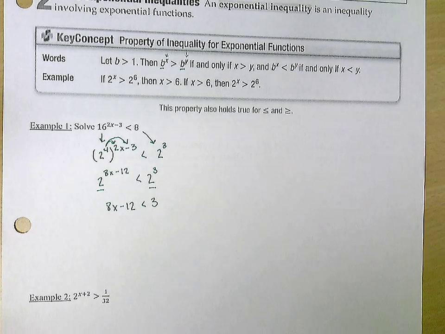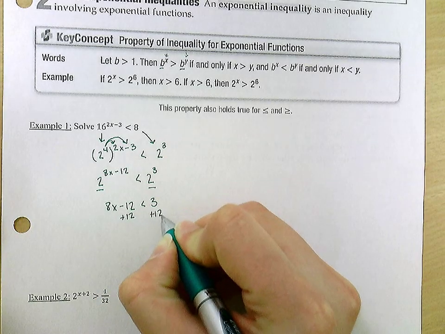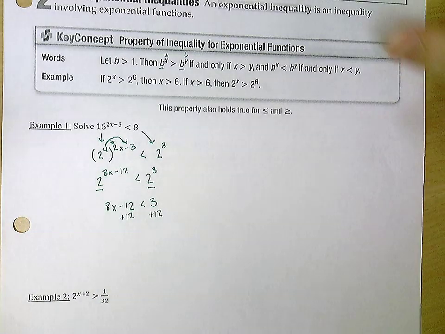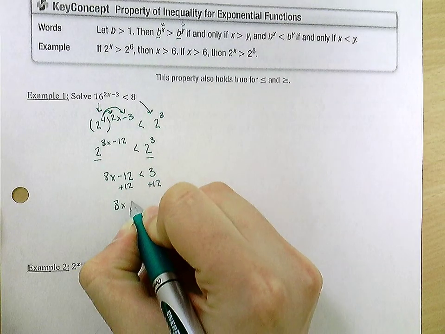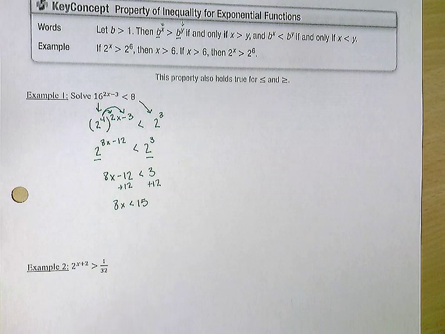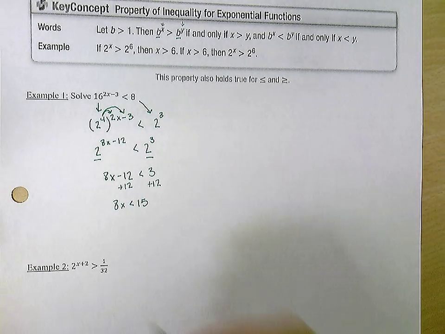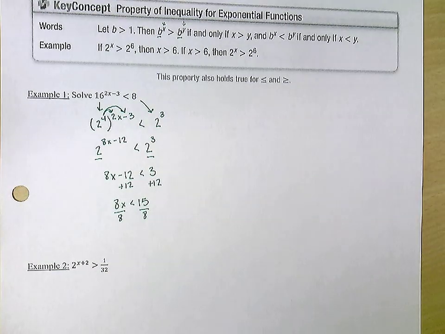From here, I just need to solve for x. So I'll add 12 to both sides of my inequality. So I have 8x is less than 15. Then divide both sides by 8.